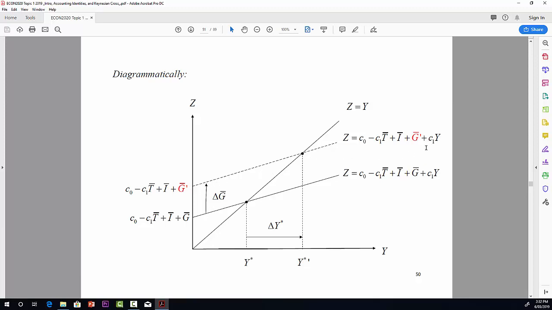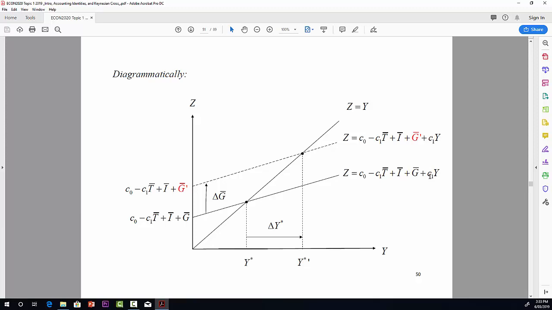Let me give an example. Suppose C1 is equal to 0, suppose consumption did not depend on income. Then this aggregate expenditure line would just be a horizontal line. In that case, if it shifted up, output would change only by exactly the same amount as G went up. But in general, that's not the case. For every economy in the world, C1 is actually greater than 0.